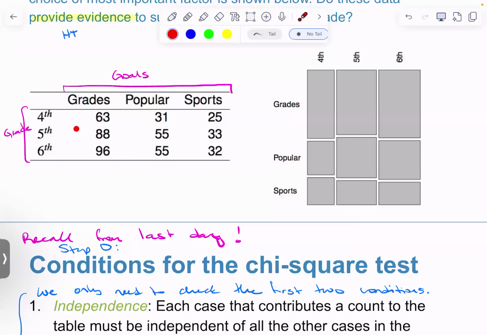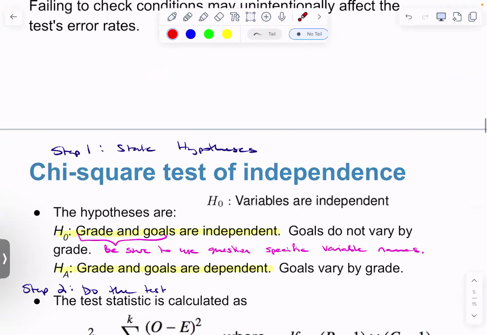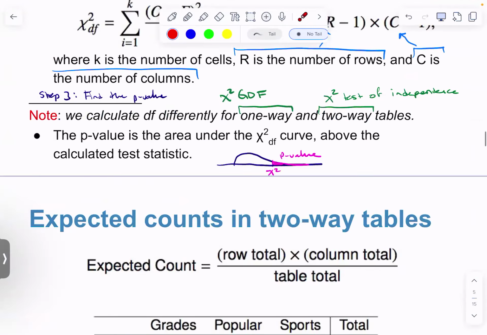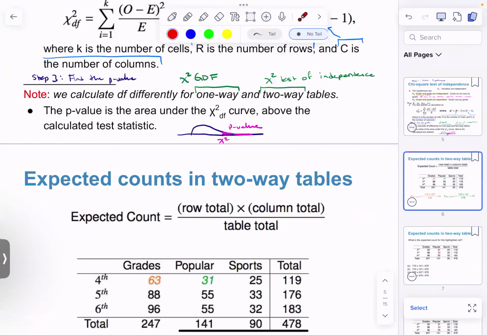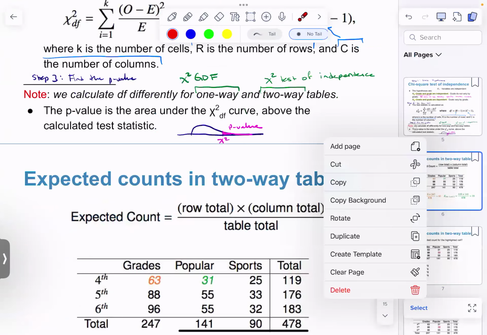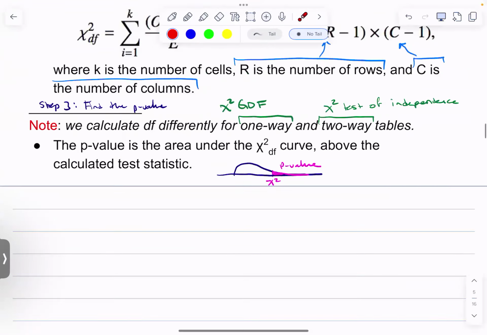So what we need to do, since we've stated our null and alternative hypotheses, now let's go ahead and find the expected counts, right? We need them in order to check our conditions. And instead of using the slide, I'm just going to add a page. I think we're better off.